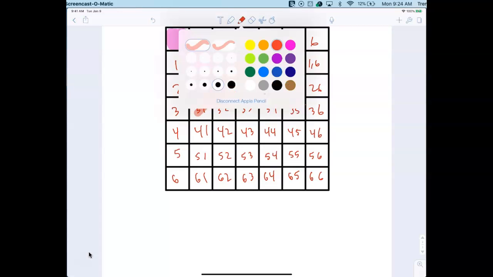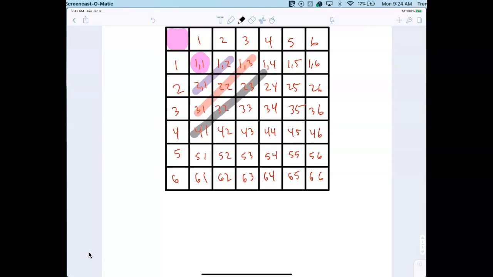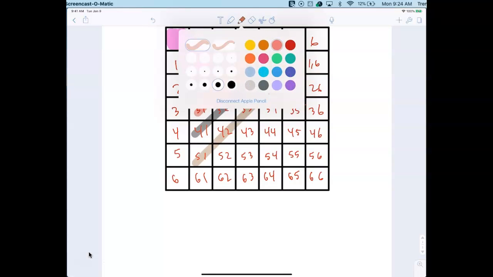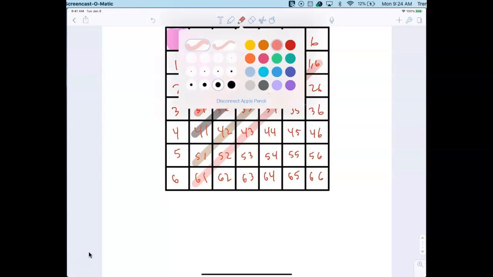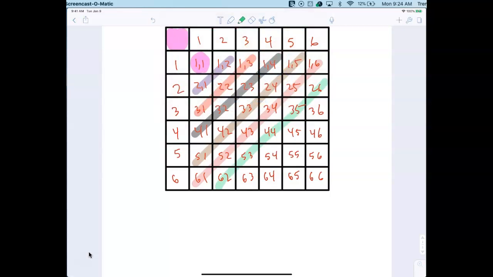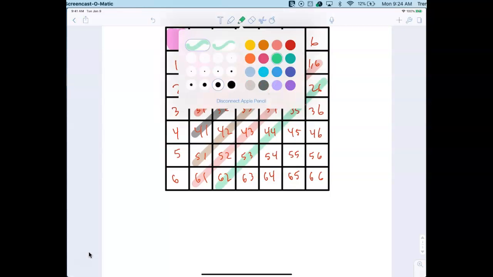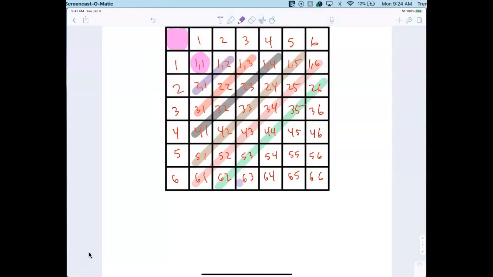Now, hold up, and just watch what I'm trying to show you. This brown is all the 6s. And then we have this down here, which is all the 7s. And this down here is all the 8s. And this down here is all the 9s.